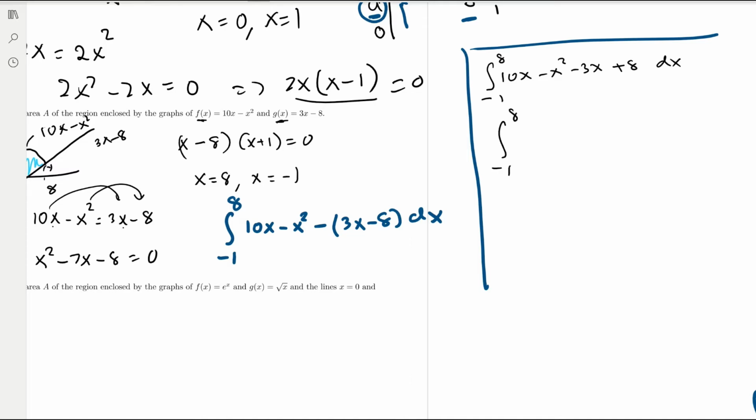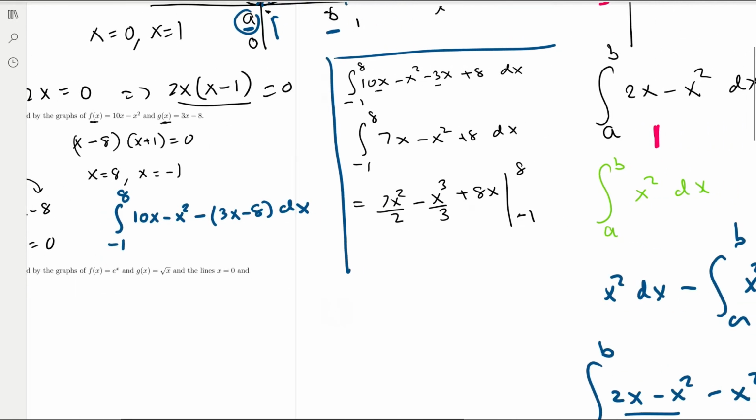If I combine terms, 10x minus 3x is 7x, so we have 7x minus x squared plus 8. This is what we need to integrate. If I integrate 7x, I get 7x squared over 2. If I integrate x squared, I get x cubed over 3. If I integrate 8, I get 8x. Now I have to evaluate them at 8 and negative 1 and subtract. So let's do that.